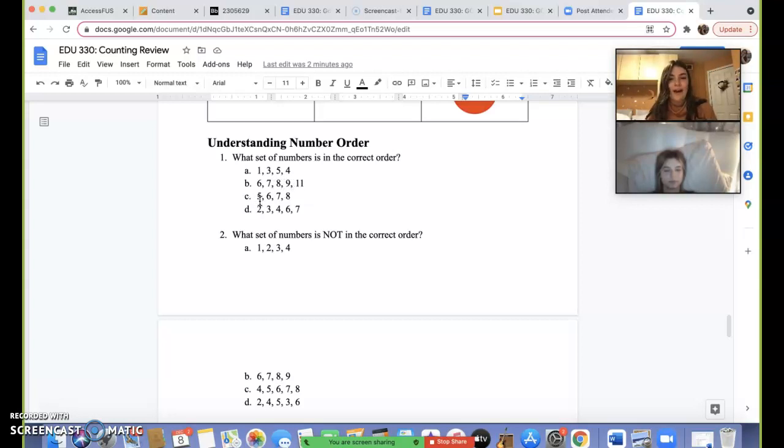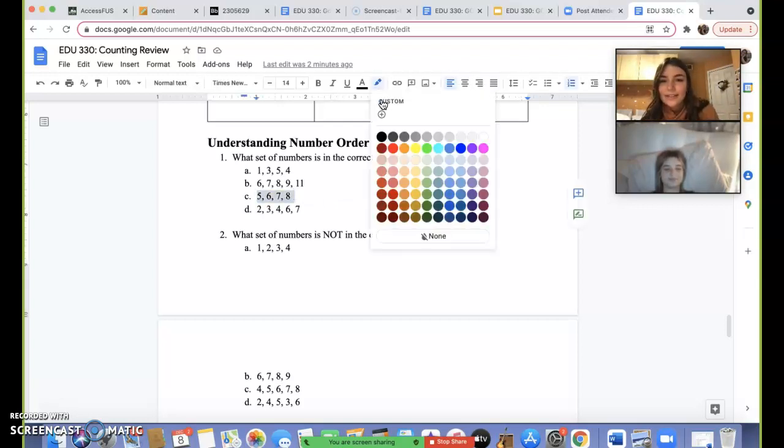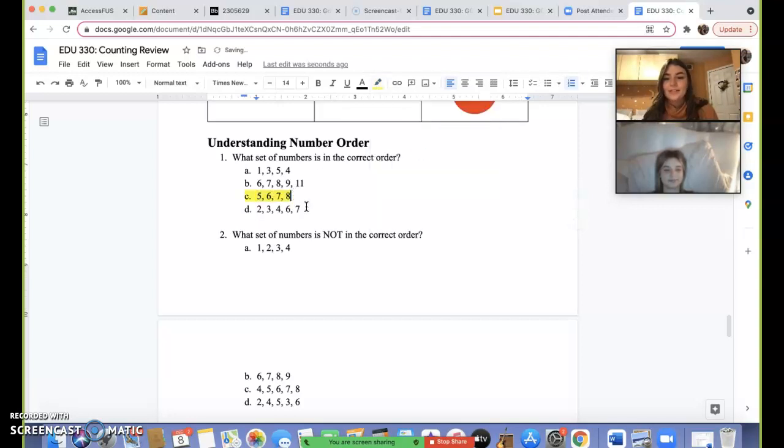C, we have 5, 6, 7, 8. And then for D, we have 2, 3, 4, 6, 7. So what set of numbers is in the correct order, Melina? Do you have a guess? C? All right, let's see. So yes, C is in the correct order.